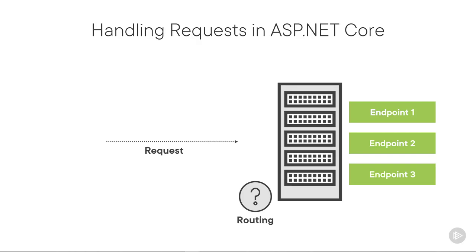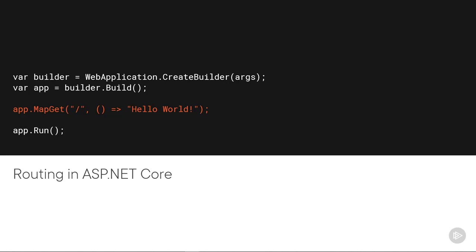That endpoint is responsible for producing a response by executing code, and that response will then be sent back to the client. Endpoints are configured at the startup of the application in the program.cs. Also, using the endpoint information, the application can generate URLs in the outgoing HTML, which can then map back to other endpoints.